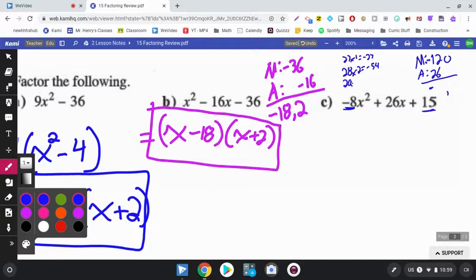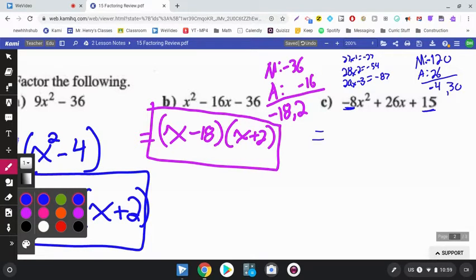Go one bigger, 29 times negative 3. 29 times 3 is 87, negative 87. And then I go one further and I go, hey, 30 times negative 4 absolutely equals negative 120. So there's my magic combo.